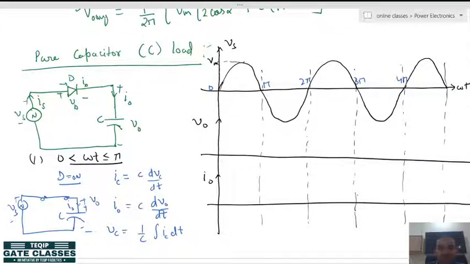So, the capacitor will start charging till the peak of the supply voltage. Observe this, the capacitor will charge same like that. So, the capacitor will charge till the peak. This peak is Vm basically. So, the capacitor will charge up to Vm.